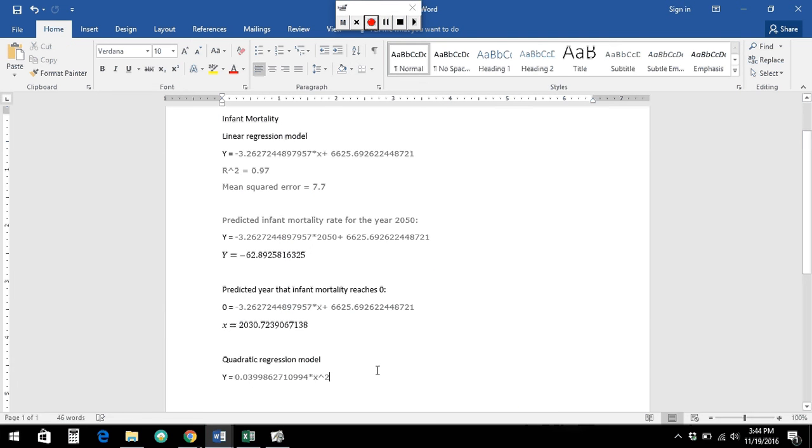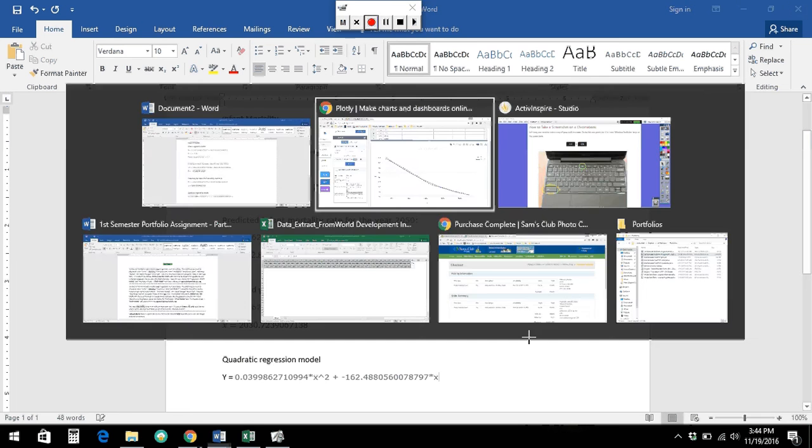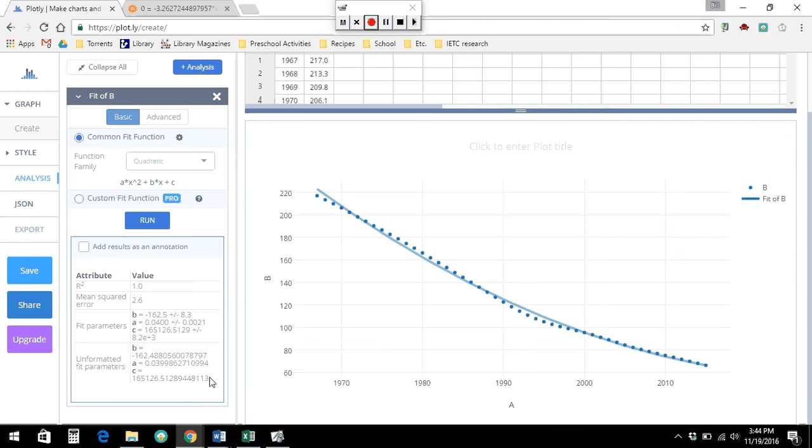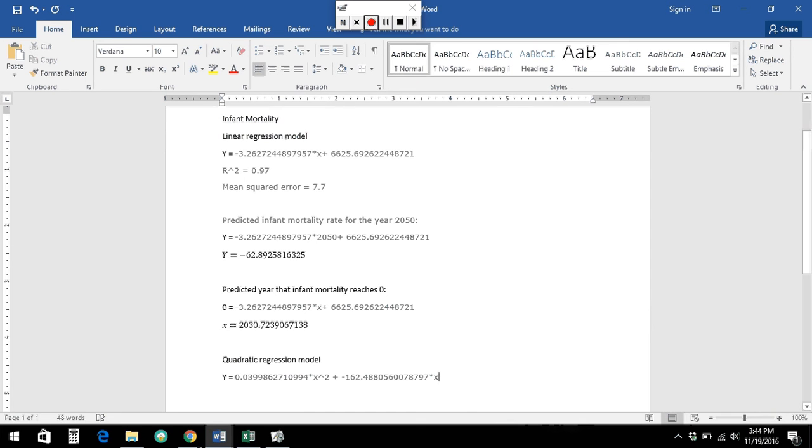So when you copy this, if you want to copy the negative with it, we can just say plus and then paste in the negative to go with it. Or you could just say minus the 162 number. So that's times x. And then finally the constant, the c value, it's positive. So I'm going to say plus and then that number. And there's my quadratic model.